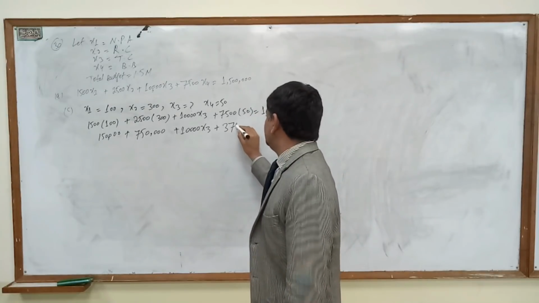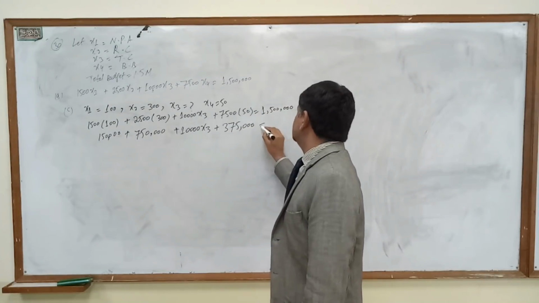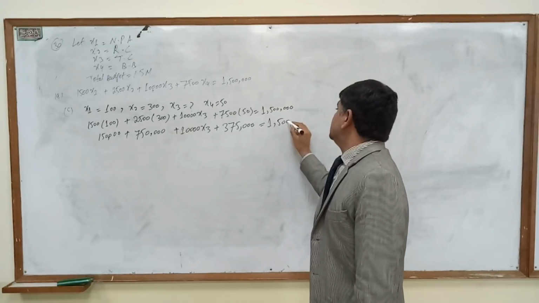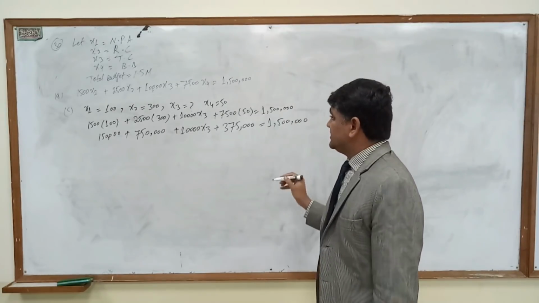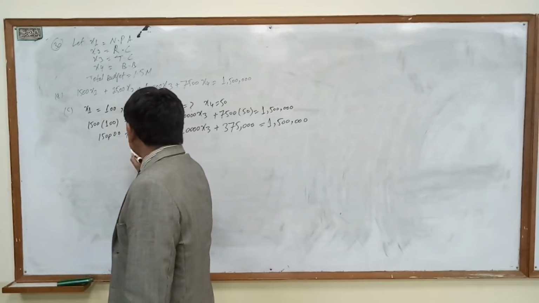7,500 into 50 is 375,000, and this is equal to 1.5 million. We can simplify.